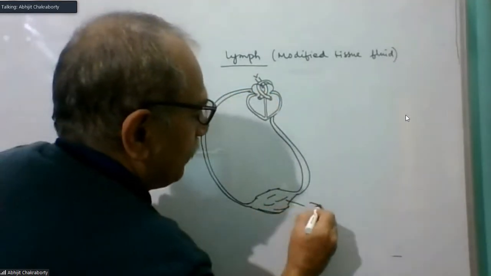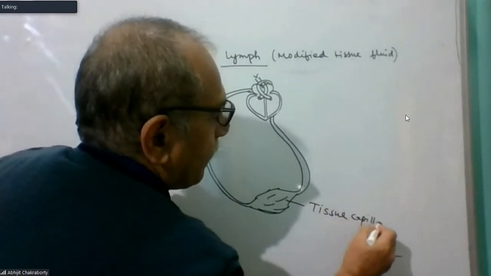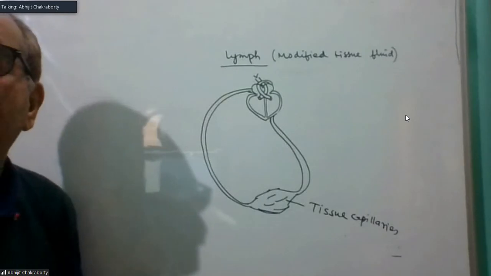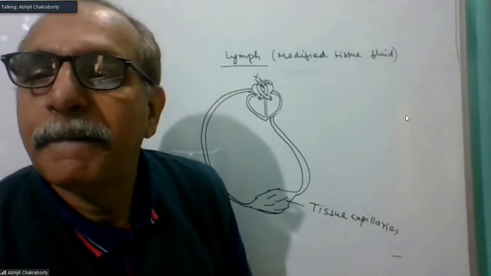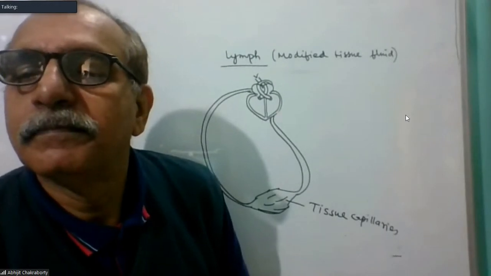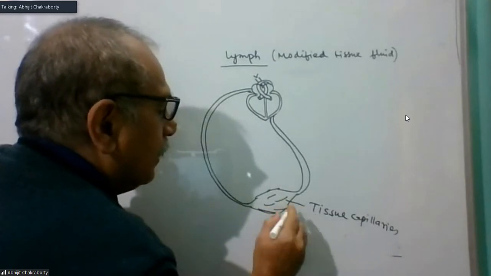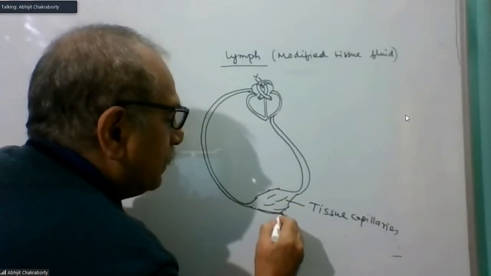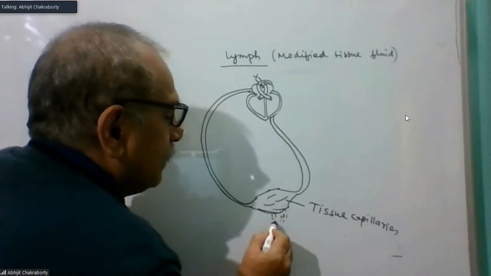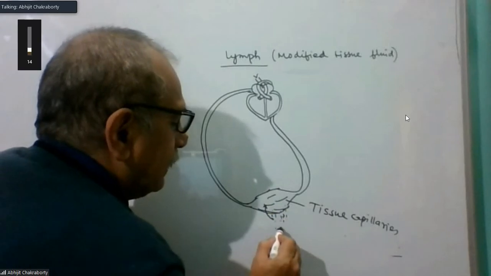See the tissue capillaries. When blood is flowing through the tissue capillaries, then the plasma part oozes outside. 90% of which will return to it again, and the rest 10% will form the lymph.